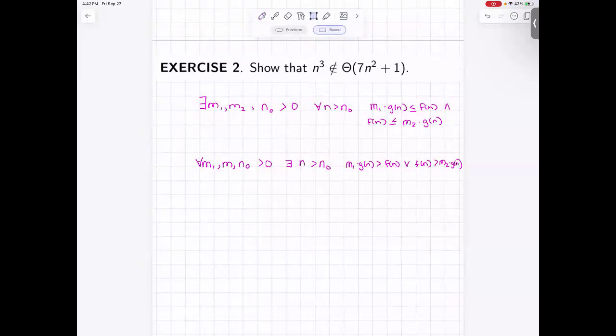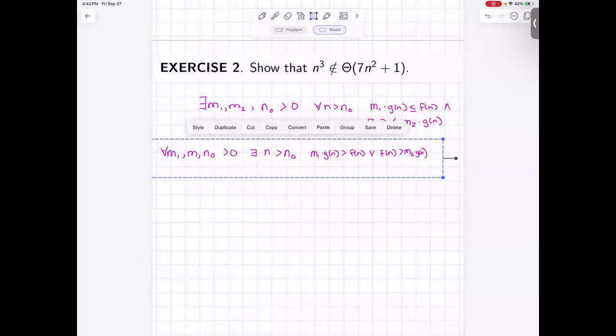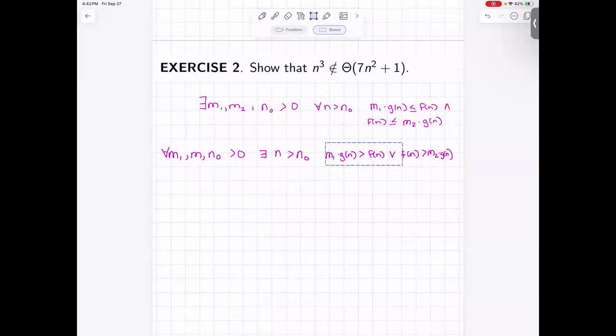And just like our previous question, we should be able to look at this and know that only one of these two sides is possible to be true. If m1 and m2 aren't the same value, it isn't possible for both of these sides to be true.